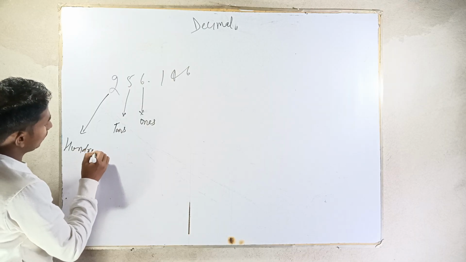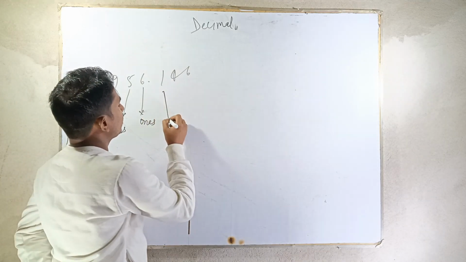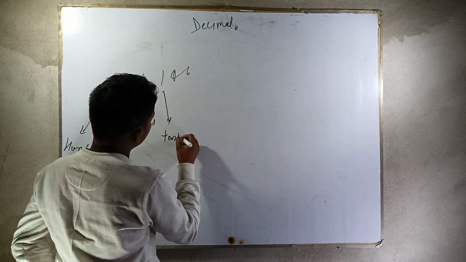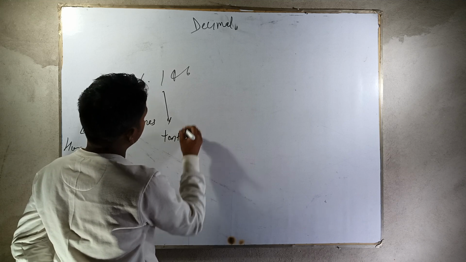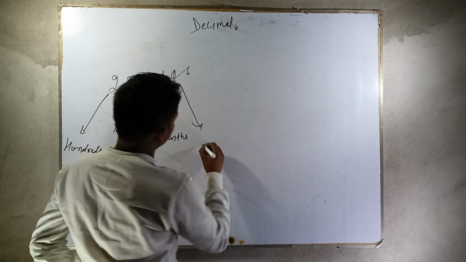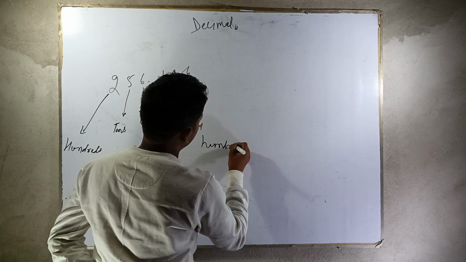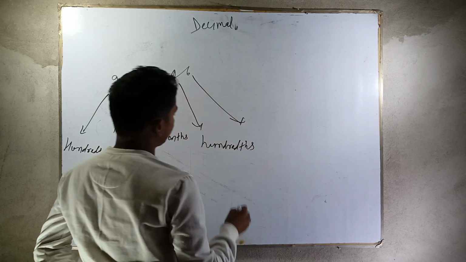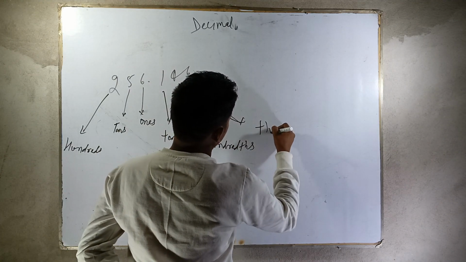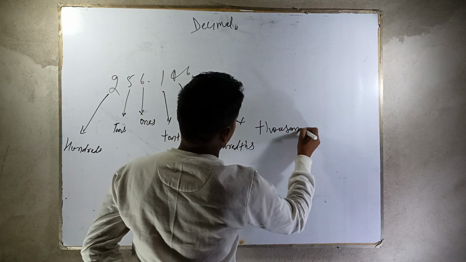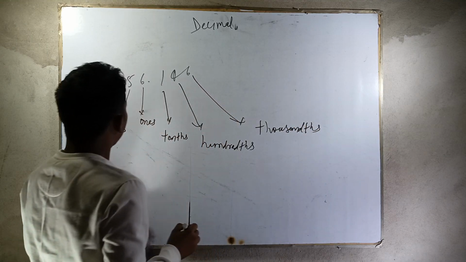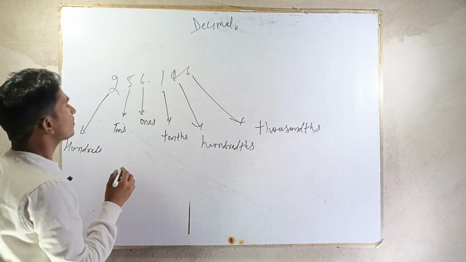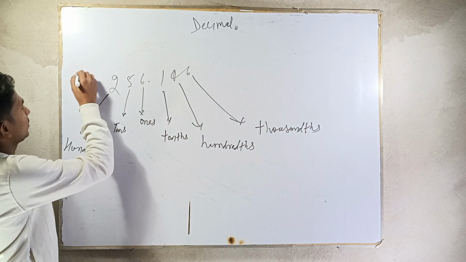And on this side, this one is called tens, this one is called hundreds, and this one is called thousands.